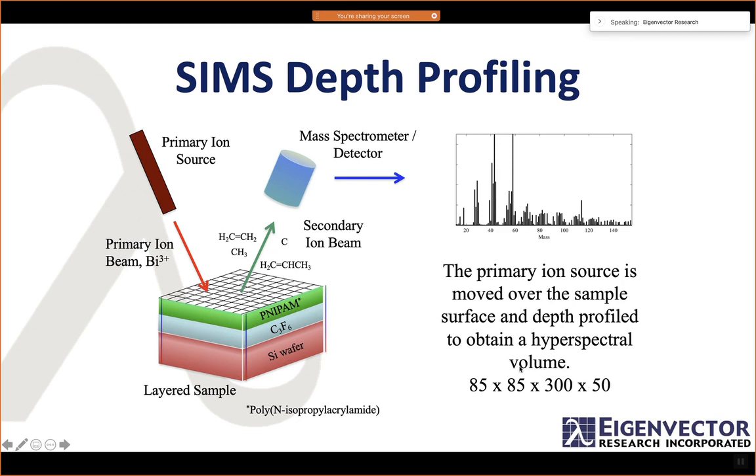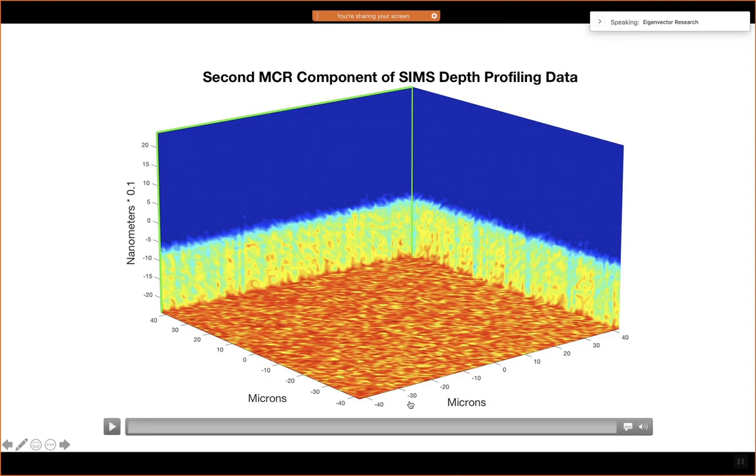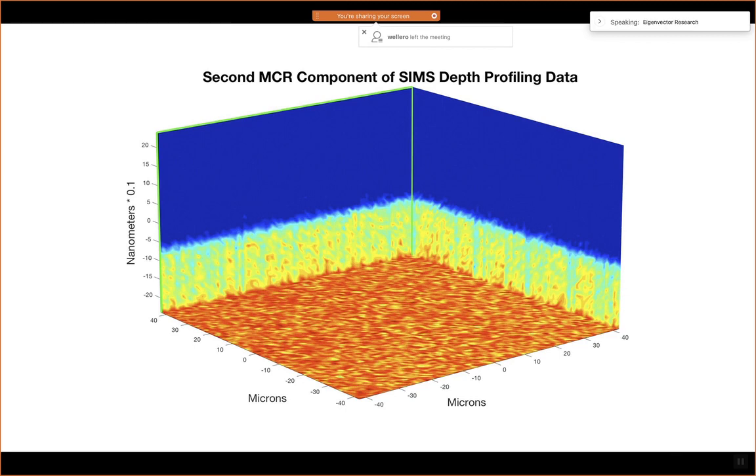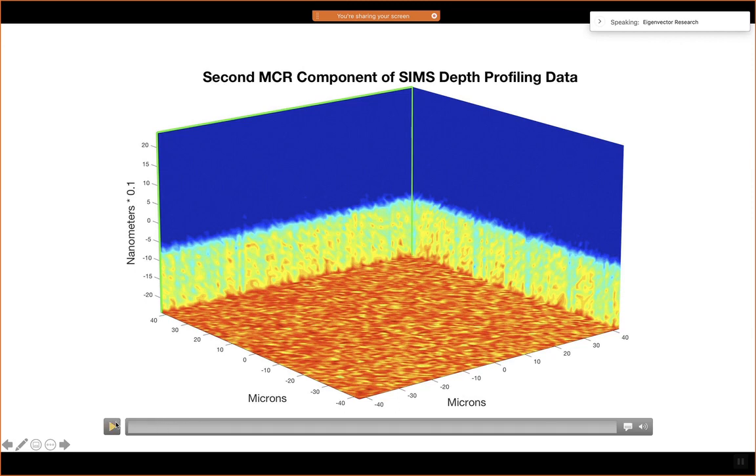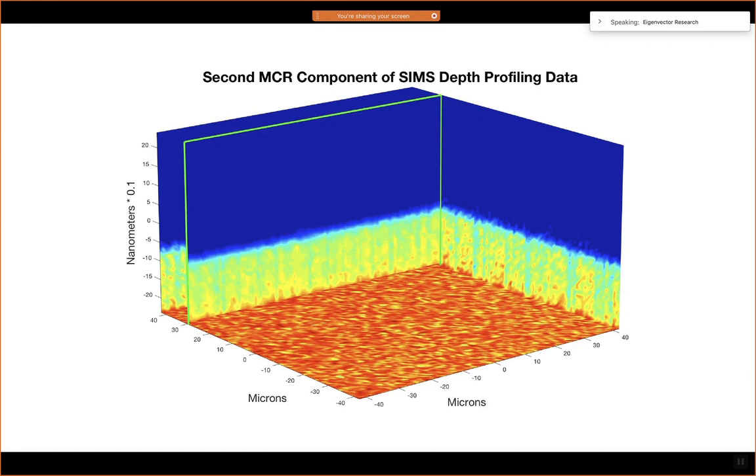And we did curve resolution on this. And so here's an example of the curve resolution component for the bottom layer, the silicon layer. And my movie's been playing kind of herky-jerky when I've been doing this.